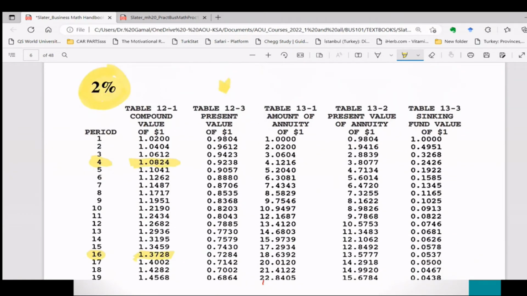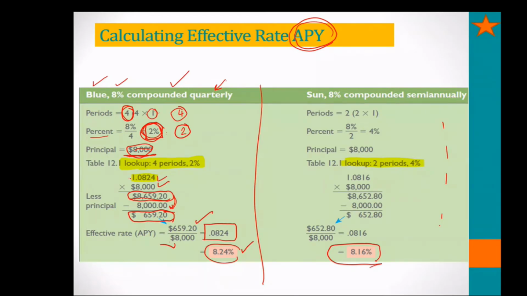This is 2%, and this is 4 periods. I'm working on the first column, compounded value. So the rate is 1.0824.